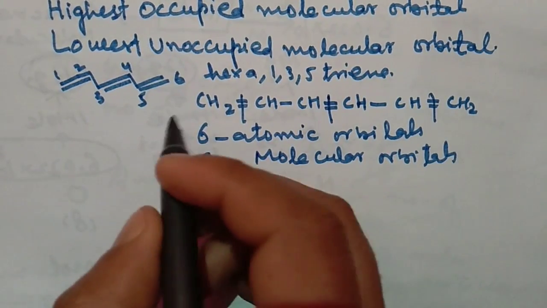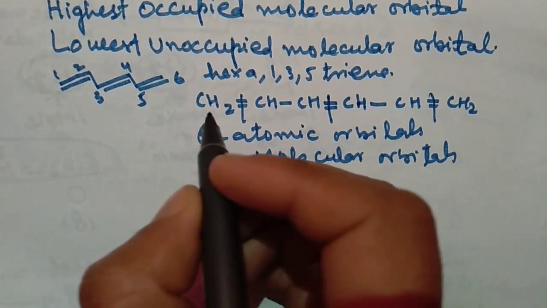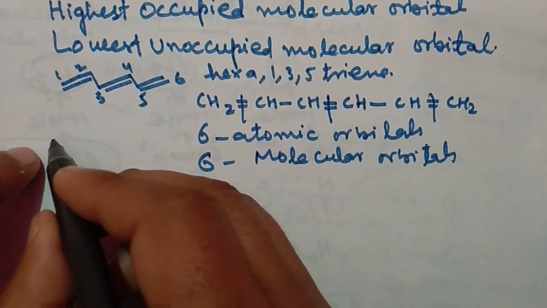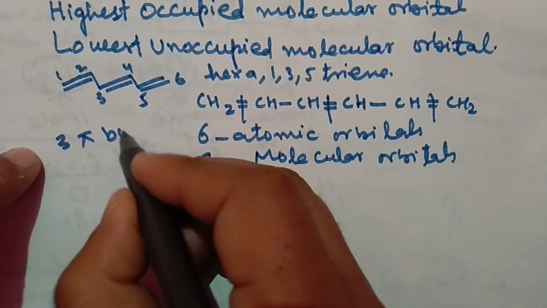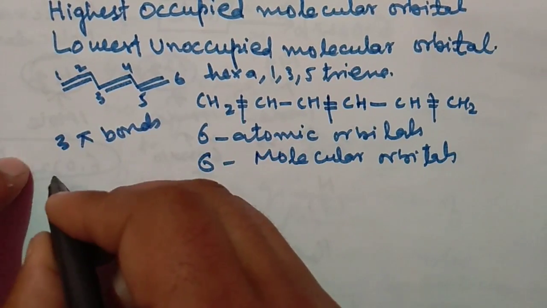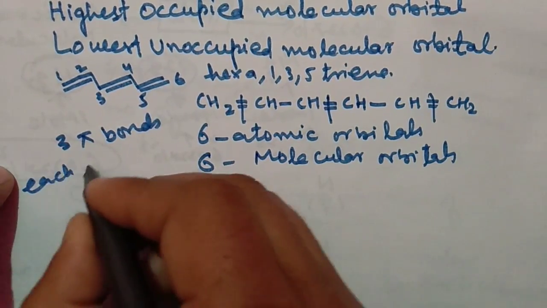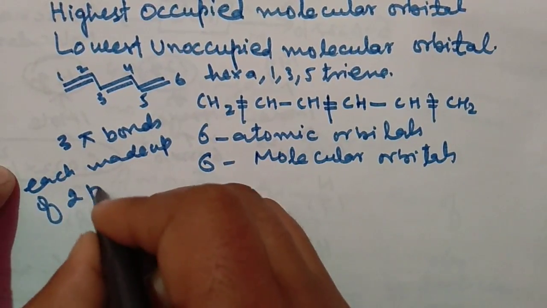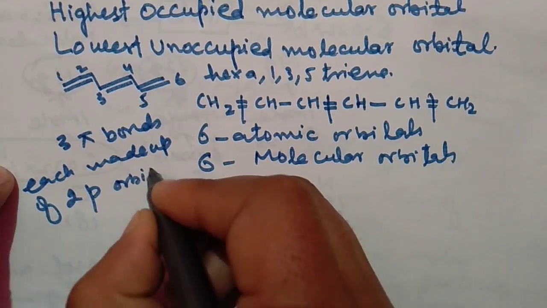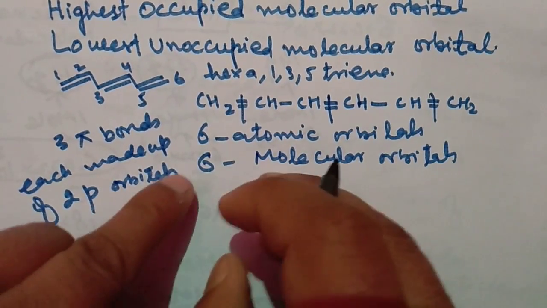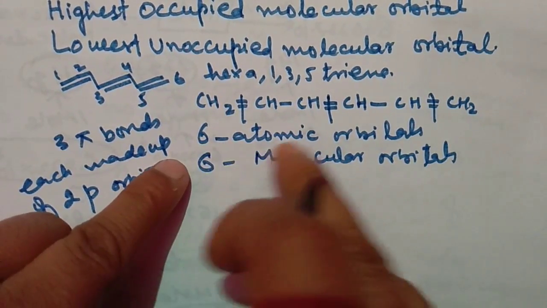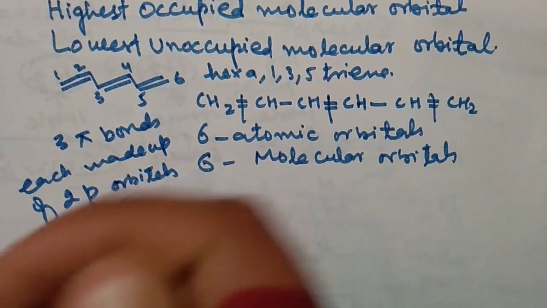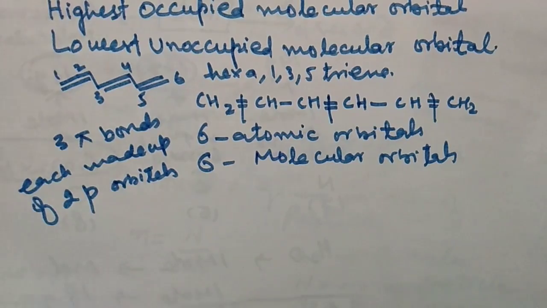I once again repeat, in hexa-1,3,5-triene there are 3 pi bonds, each made up of 2 p orbitals, so there are 6 atomic orbitals and we expect 6 molecular orbitals.